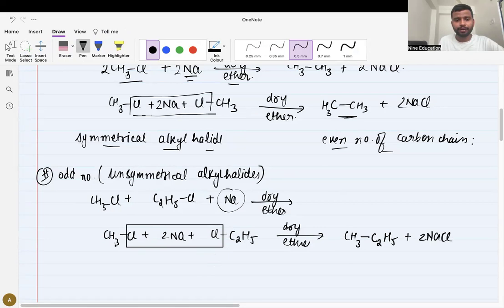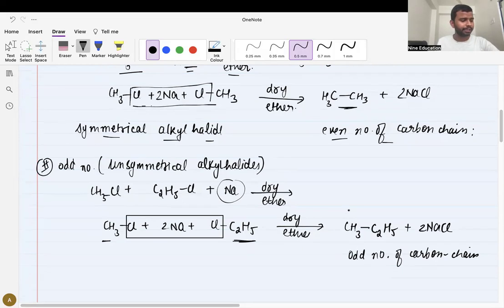See? So if I have unsymmetrical alkyl halides, one is C2H5, one is CH3. So I will get odd number of carbon chain. मतलब मेरे को odd number of carbon chain मिले, 2 plus 1 is 3. So I will get 3 carbon chain here. 3 कार्बन का चेन मिला. समझ रहे कि नहीं?